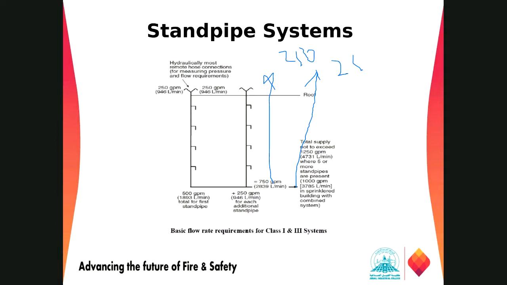The bottom line is that in any building, in one big building or big commercial complexes, we don't need more than 1250 GPM flow. We just want to make sure that if there is a fire, these four risers are more than enough to fight the fire from all those areas.